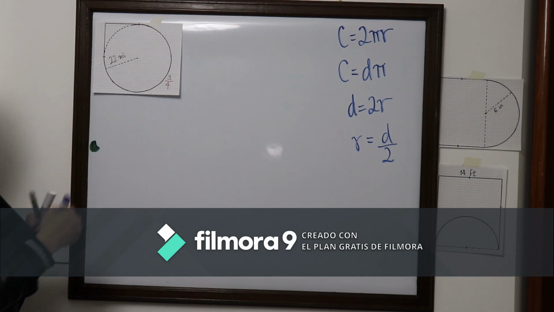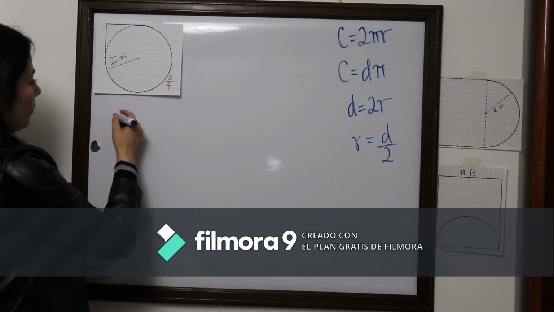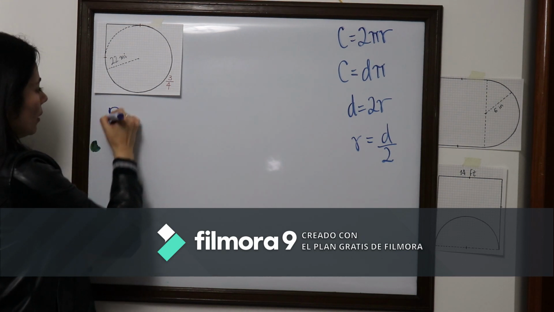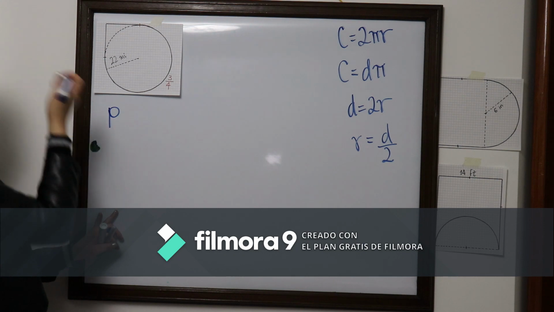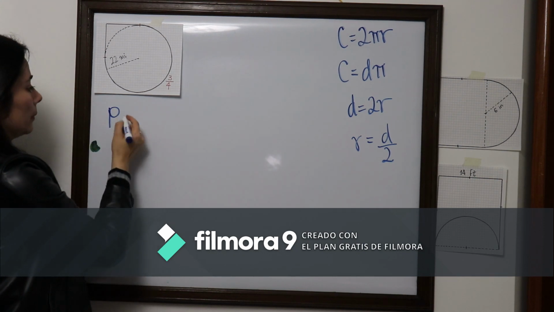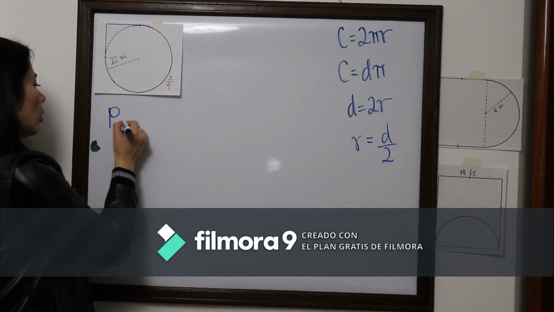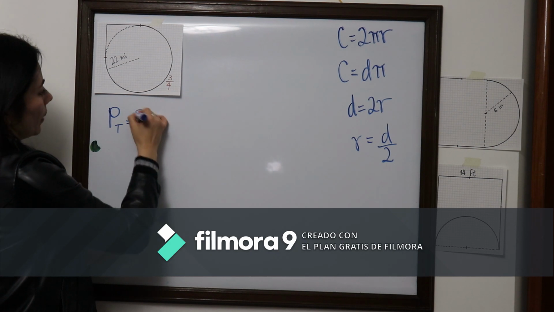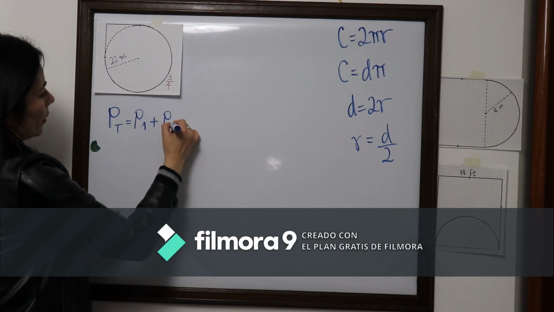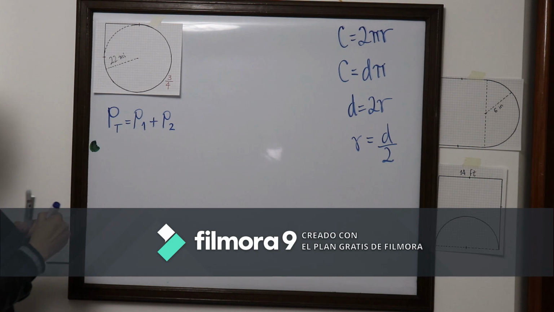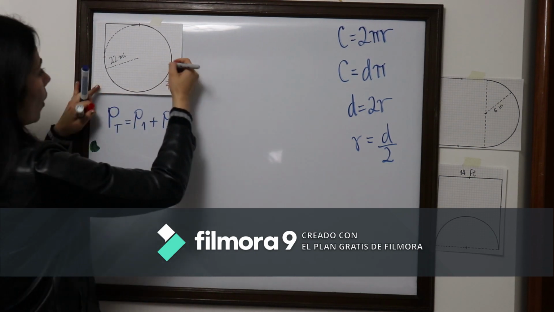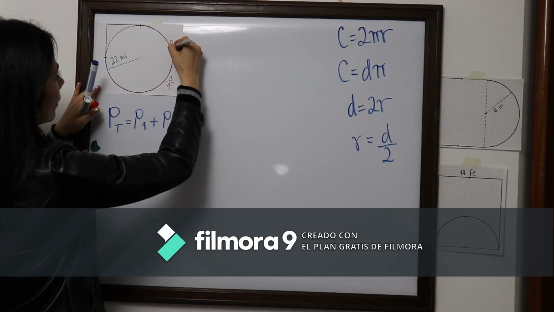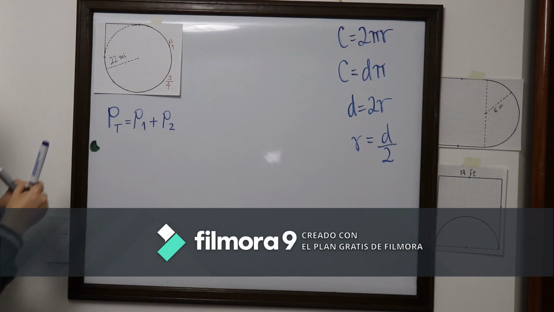So what we need to think about is that the total perimeter has to be perimeter 1 plus perimeter 2. Now for me, perimeter 1 is going to be my portion of circumference, okay?